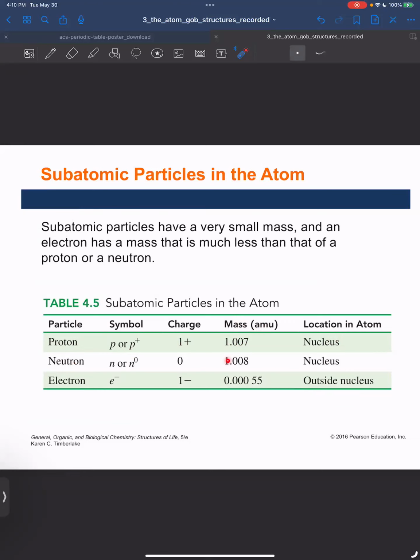The mass of a neutron is 1.008 AMU, and it's located in the nucleus. Lastly, electrons, I will abbreviate as lowercase e with a -1 superscript to represent the -1 charge. The mass of an electron is 0.00055 AMU, so we treat it as just 0. And electrons are outside the nucleus.